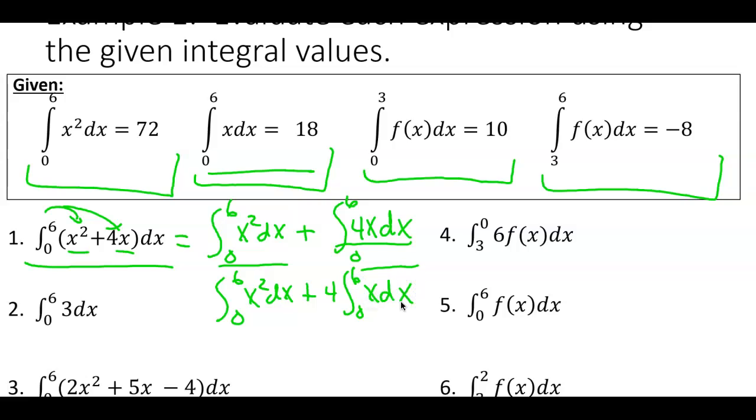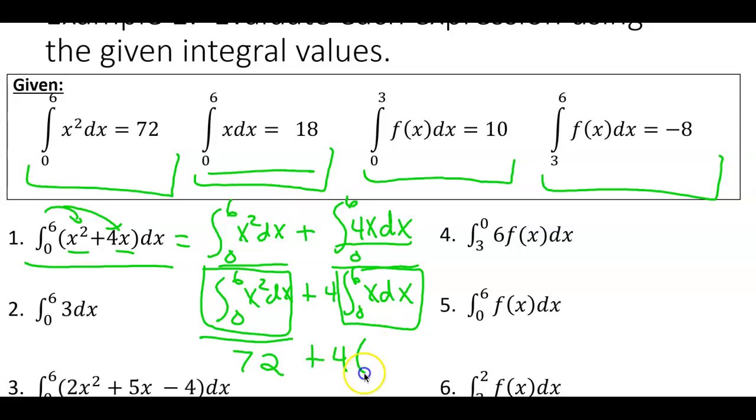Now that I've pulled out that 4, I've got these two things isolated. So now I can just replace them with what I know them to be. What does this one equal? 72. And it's 4 times, what's the x one? 18. And once we go ahead and do the math, we're good. So that's the idea, is you want to somehow rewrite these integrals so they look like these up here using the properties.